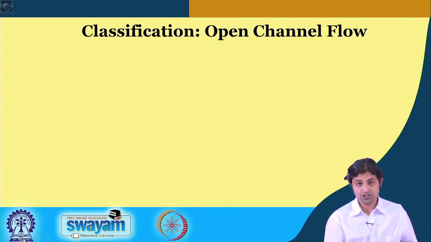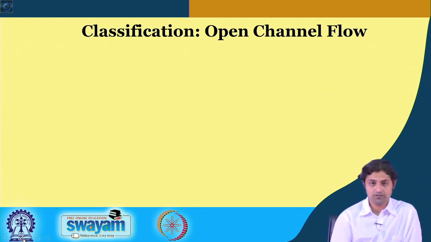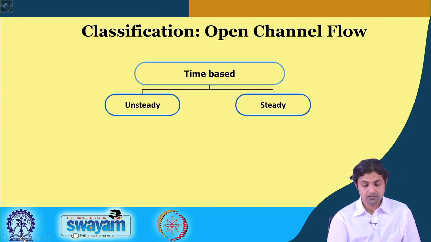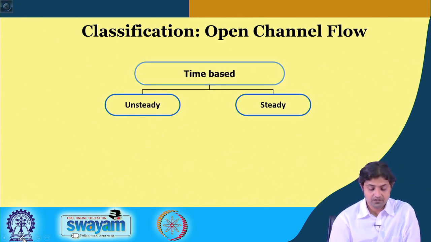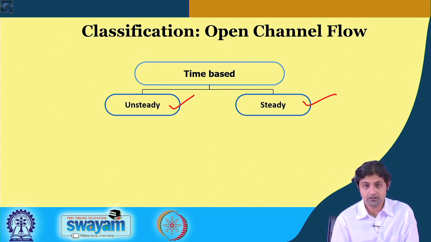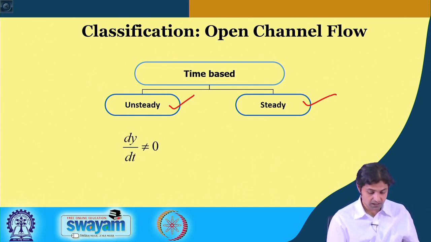The classification of open channel flow: open channel flow can be classified in different ways. The first is time based, unsteady flow and steady flow. Like any other flow, open channel flow can also be classified this way. We have seen these terms in fluid kinematics in our basics of fluid mechanics 2 module. What is unsteady?